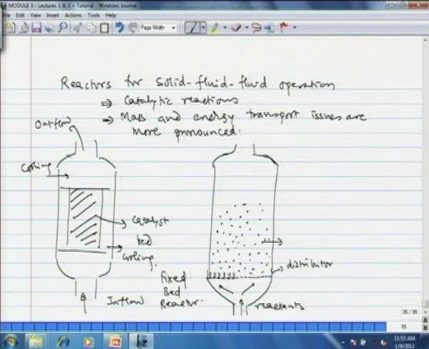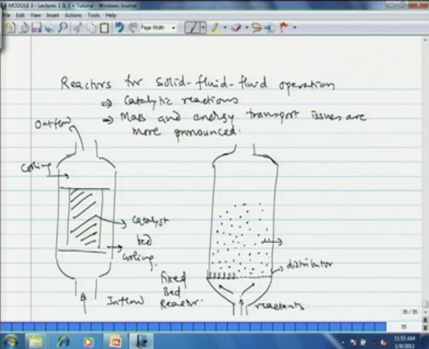Now, depending on the velocity of the reactant, these particles move around. So you get different regimes of fluidization, like the bubbling regime, churn regime, fast fluidization, and turbulent fluidization. In case the velocity of the reactants exceeds the terminal settling velocity of the particles, these catalyst particles may get carried away, and at the outlet you have to capture them in a cyclone separator and return them to the bed.